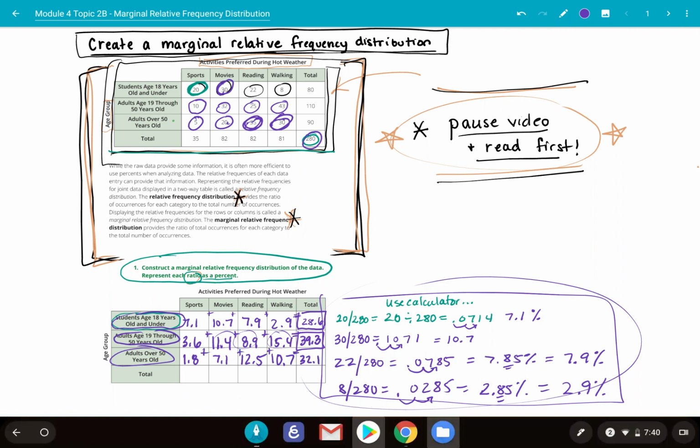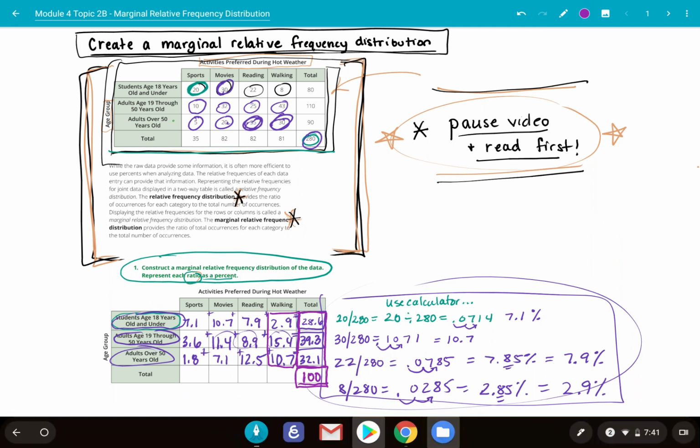Okay, so then we have to do our final totals. So let's add up all these totals right here in order to get this bottom cell. So we'll do 28.6 plus 39.3 plus 32.1, and that's 100. And then we also need to add all of these columns.